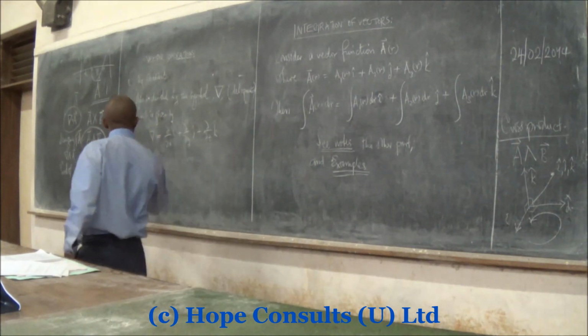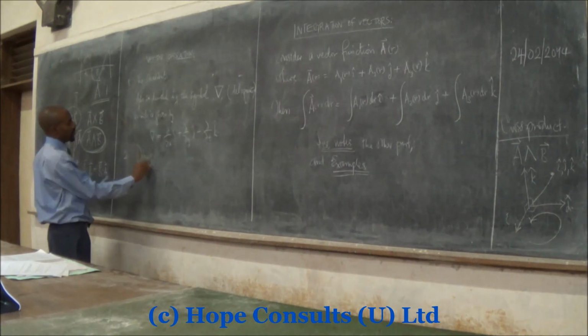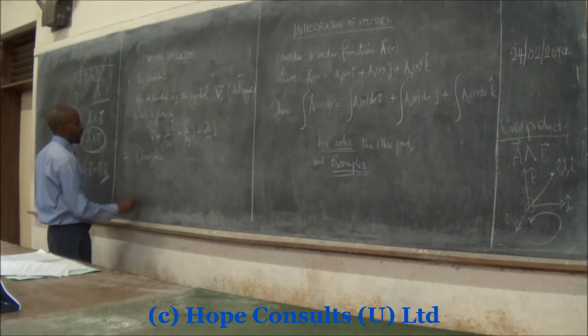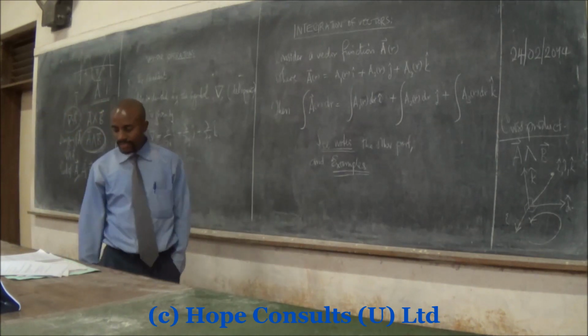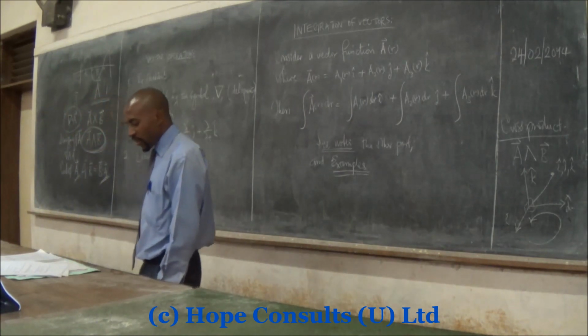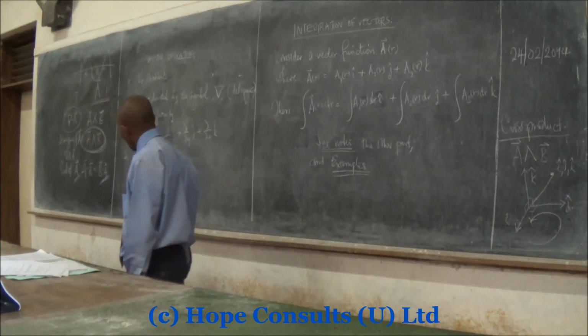So two, we look at the divergence. The divergence of any vector, we define as the dot product between the gradient operator and the vector.